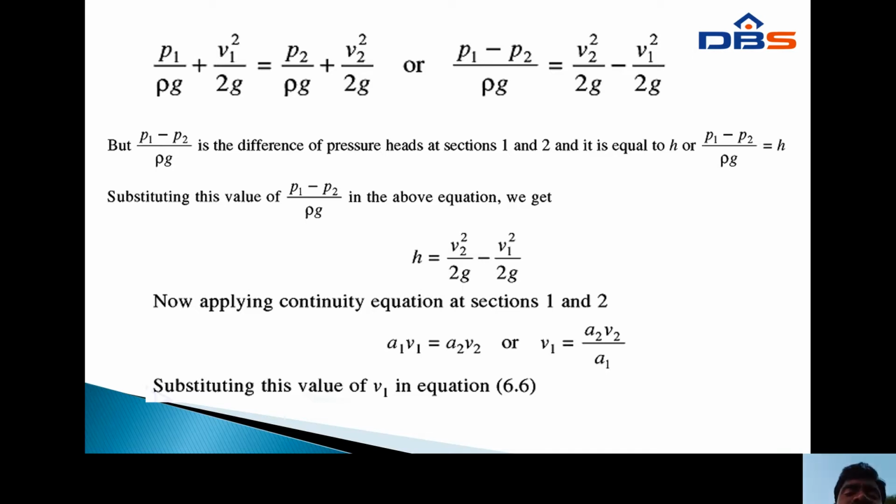So this equation is modified as P1 by rho g minus P2 by rho g equals V2 square by 2g minus V1 square by 2g.